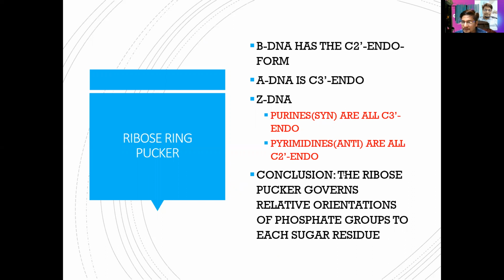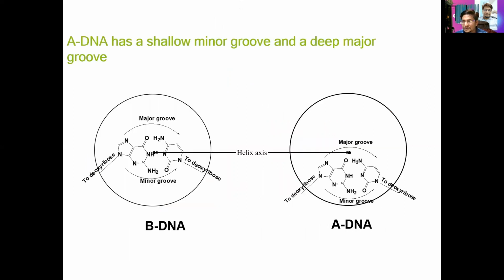So the conclusion we can draw is that the ribose puckering governs the relative orientation of the phosphate group to each sugar residue. This is the B-DNA, and this is the A-DNA. A-DNA has the shallow minor groove because of its arrangement, and the deep major groove, unlike the B-DNA.